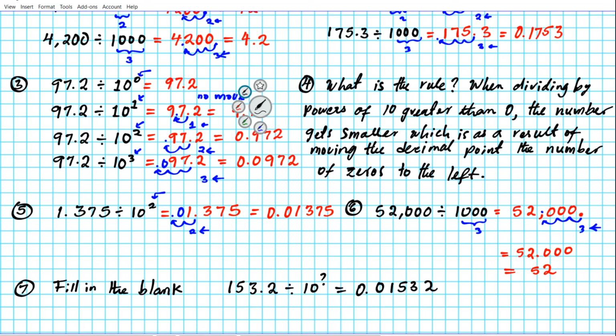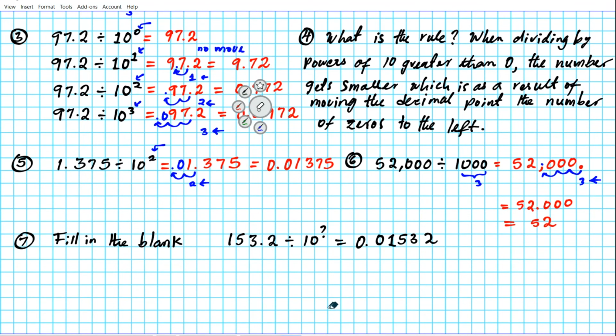So what is that power that will result in this quotient upon division? That's the task. Okay, so we're going to be working backwards here. We're going to compare our dividend and the quotient and see how the decimal point positions differ. All right, and then that will help us solve the problem.